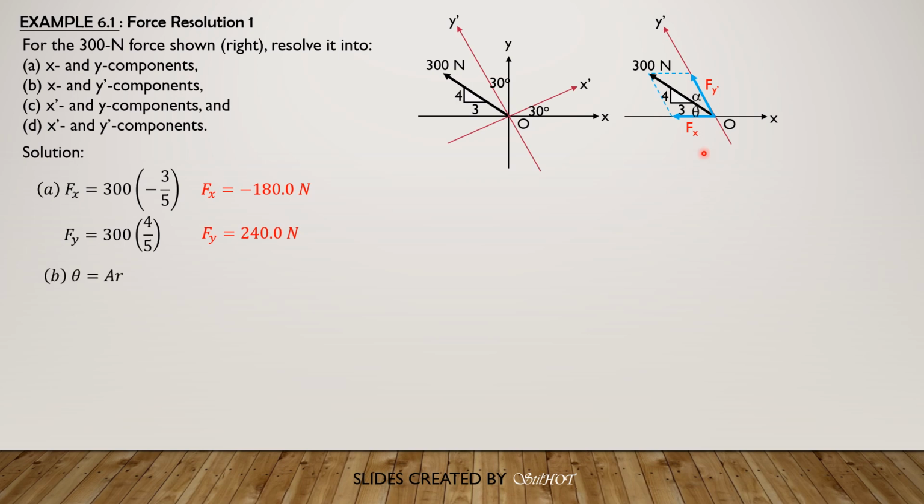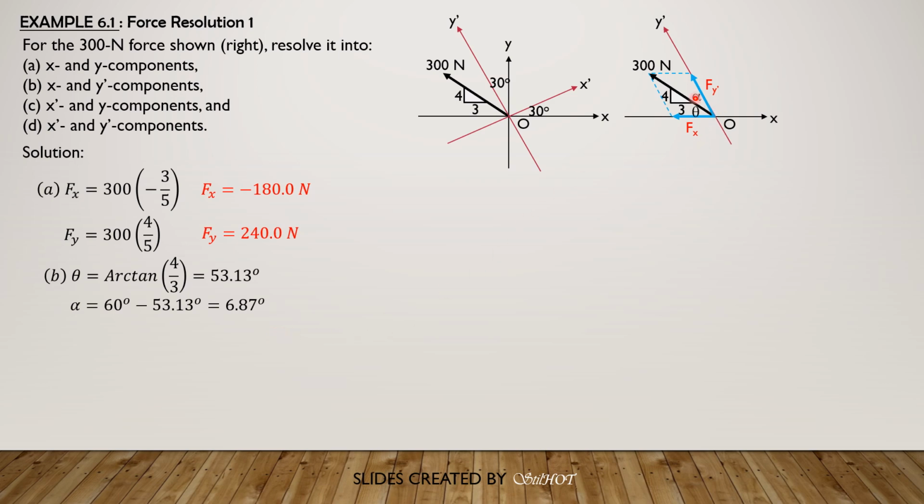From the figure, theta is arctan of 4 over 3, so it is equal to 53.13 degrees. While alpha, because the total angle here is 60 degrees, because this is 30, is 60 degrees minus 53.13 degrees. So alpha is 6.87 degrees.